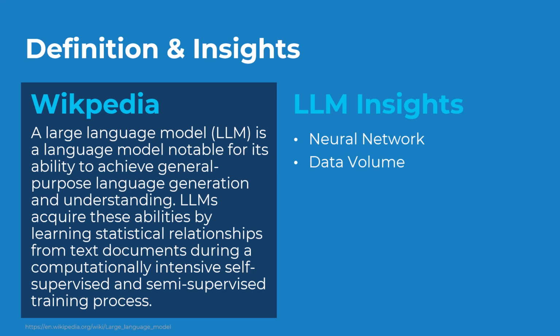And this means that the training cost for a large language model is typically high due to the extensive computational resources required to process that massive data set. LLMs excel in NLP tasks, that's natural language processing, enabling them to understand, interpret, and generate human language in a contextually relevant manner.